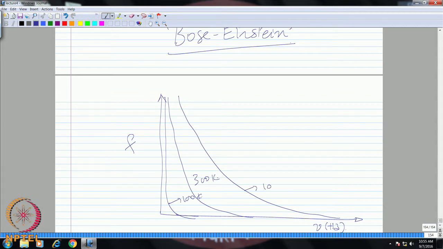So this will be for 1000, and if you are looking at 5000 Kelvin, this is the way that the distribution function behaves when plotted as a function of frequency and temperature.